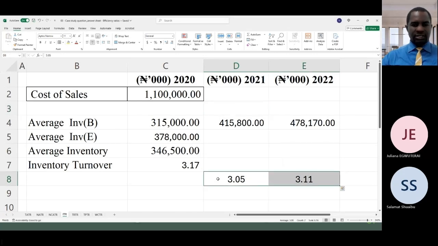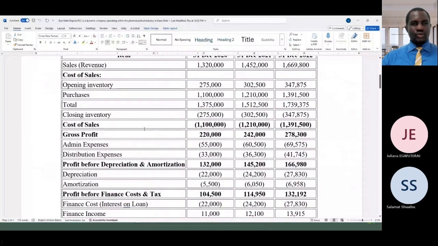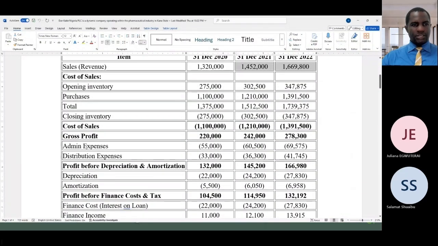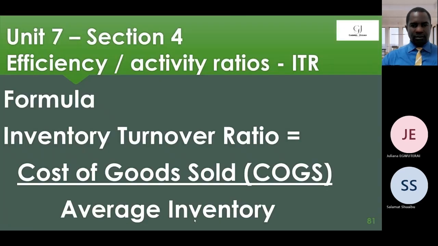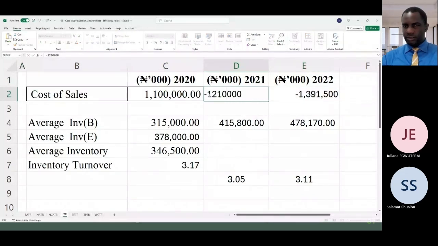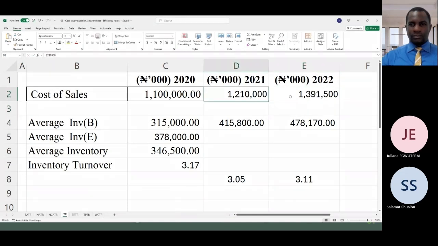So let me cut this and validate your figures. Okay, if you guys have the same thing, let me just validate and run to my... Oh, I went and picked sales. I'm supposed to pick cost of sales. I beg your pardon. Okay, that's fine.